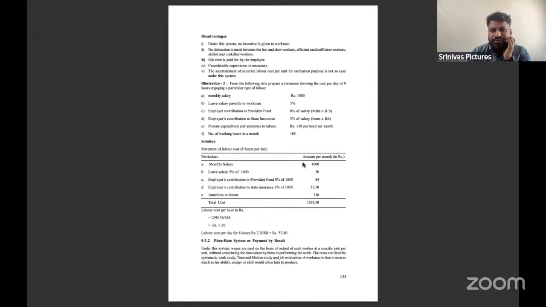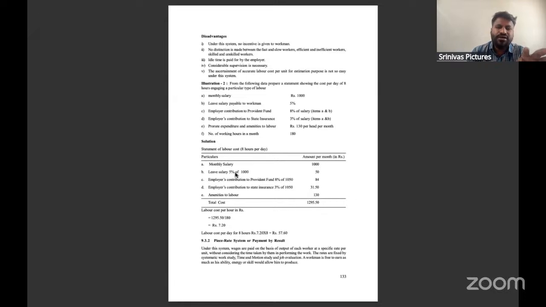The total amount per month is 1295, so 1295 divided by the total number of hours in that particular month gives the per hour cost, which is 7.20. So when the employee works 8 hours normally, 7.20 rupees into 8 hours per day is equal to 57.60 rupees he is going to get.